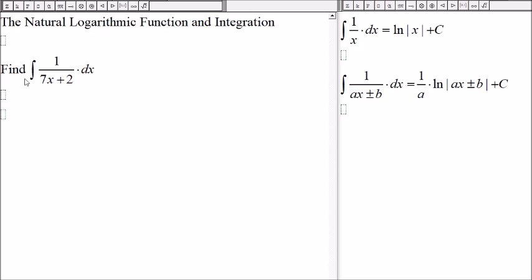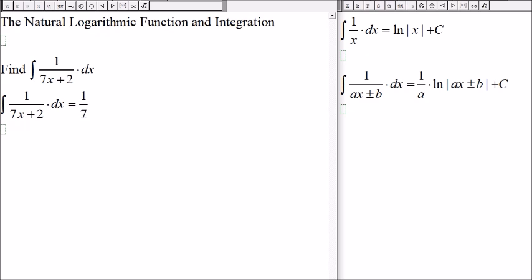Here we want to find the indefinite integral of 1 over 7x plus 2. And so this type of integral has this form, 1 over ax plus b, and so we can just use this formula we've just developed right here. And so a would be 7, and then b would be 2.